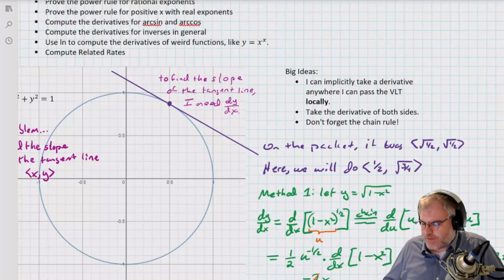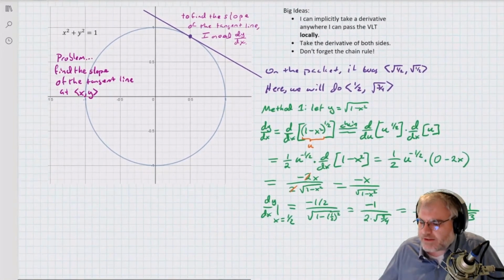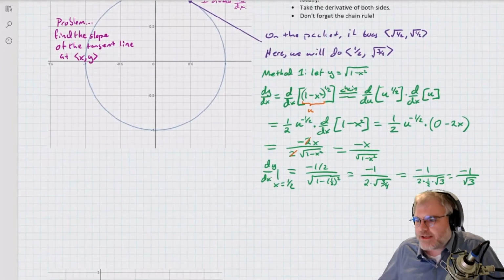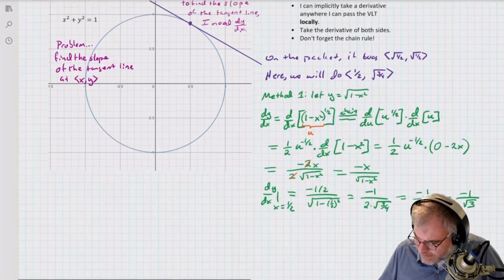I'm viewing this very geometrically, of course. But there's another way to do it. And the other way to do it is to implicitly differentiate. So what do I mean by this? So we'll say this is the other way.